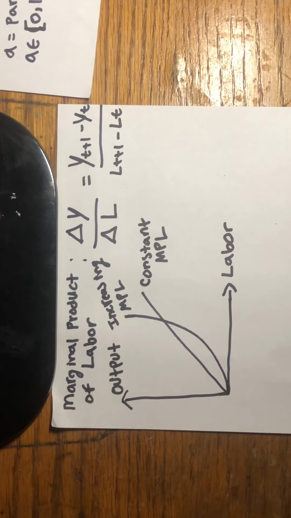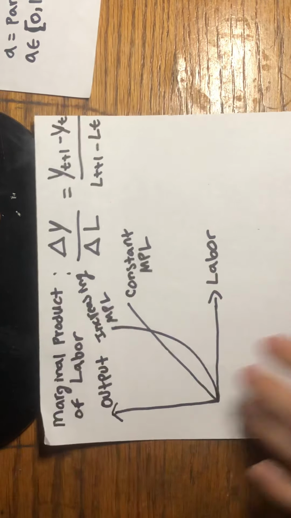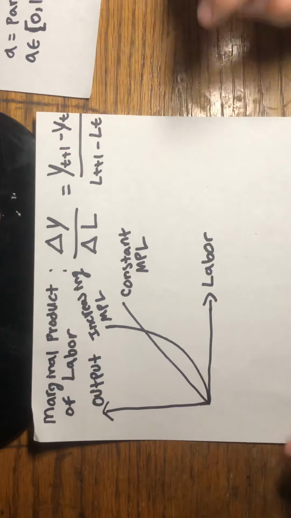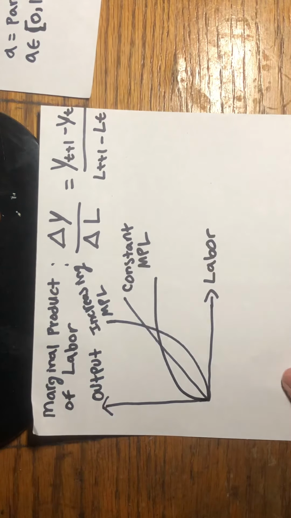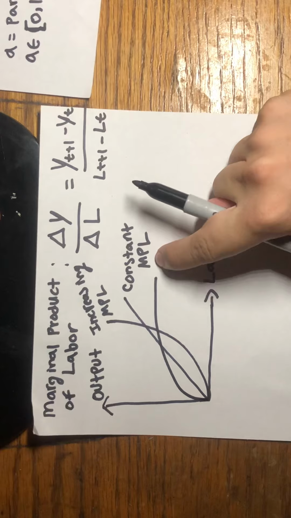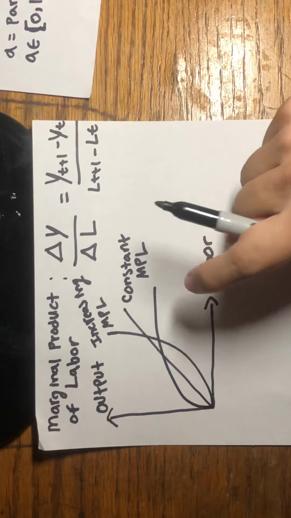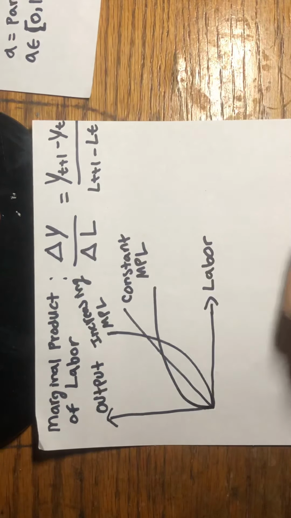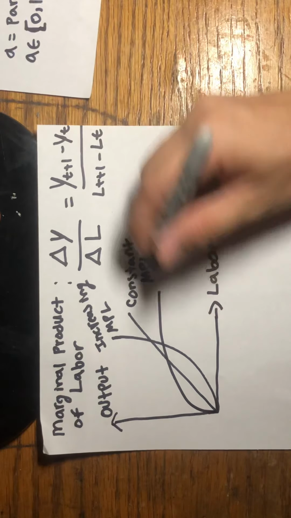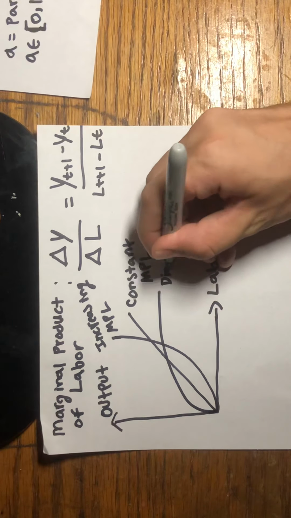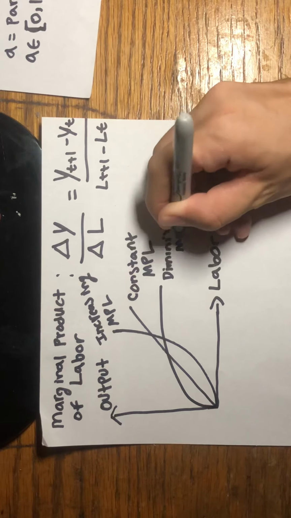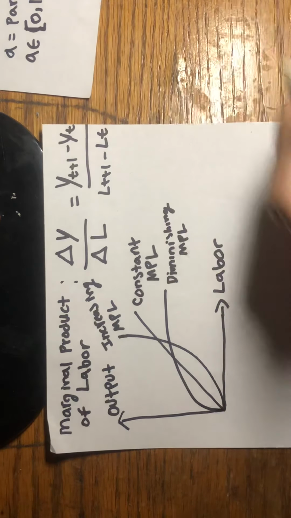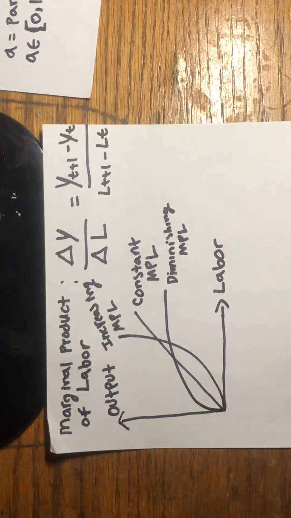Now, what we mostly observe in typical economies, and what is very important when we look at the Solow model, is this. For you guys who are math majors, this is an ln of x function, a natural log function. So this would be something called diminishing marginal product of labor, which is the most important one, the one we're going to be working with the most.